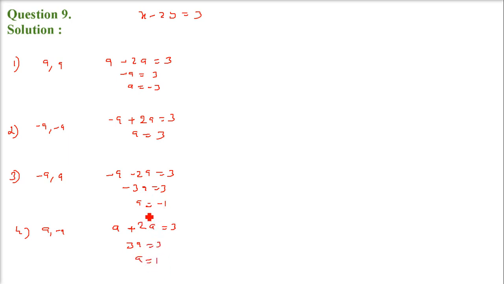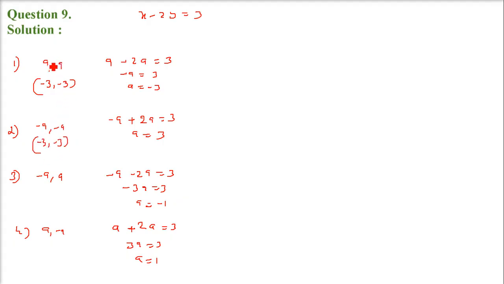So all these scenarios are here. Now the points become what? In the first case a is minus 3, so the center is (-3, -3). In the second case a is 3, so minus a, minus a gives (-3, -3) again.